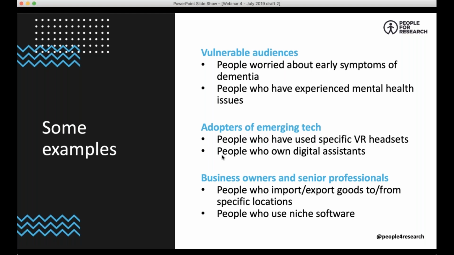So for example, in the past, we've recruited vulnerable audiences for sensitive research. For example, we worked with the Alzheimer's Society, recruiting people who were worried about having early symptoms of dementia. We've also recruited people who had experienced mental health issues in the past or at the time of the recruitment.